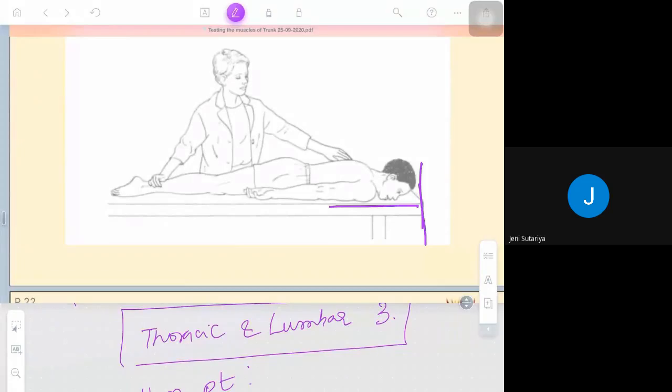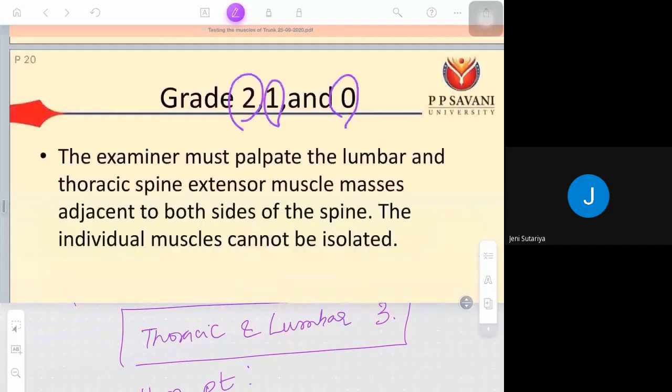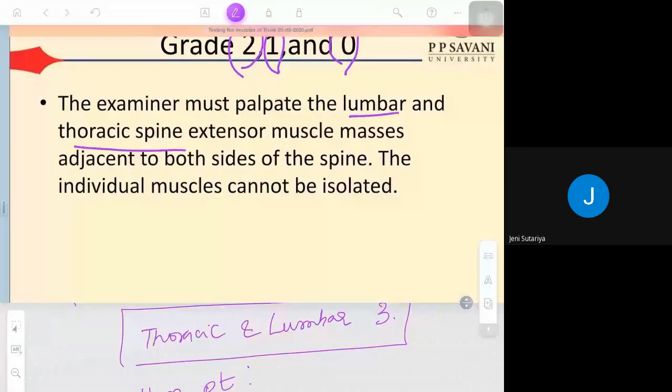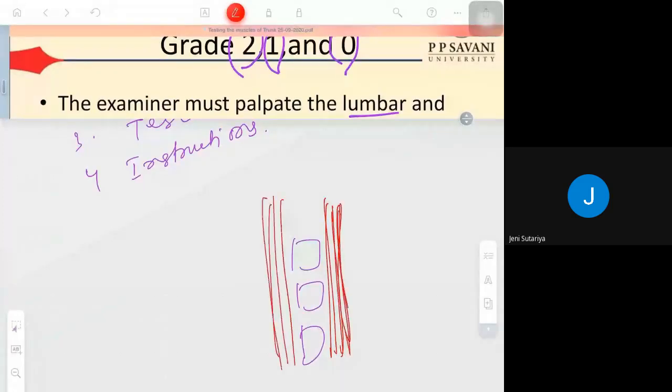Are you clear? So, the examiner must palpate the lumbar and thoracic spinal extensor muscle mass adjacent to both sides of the spine. Clear? If this is spine, then you know the paraspinal muscles pass on either side of the vertebra.